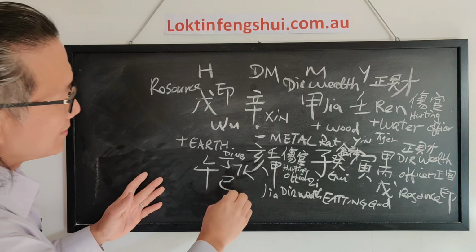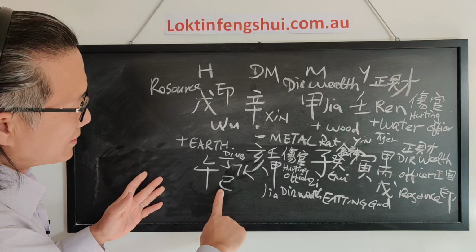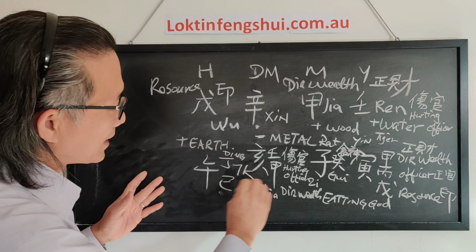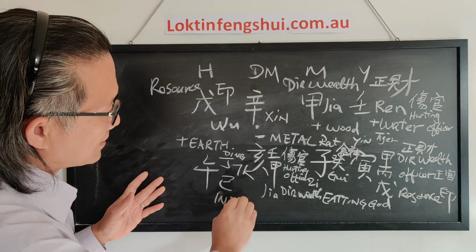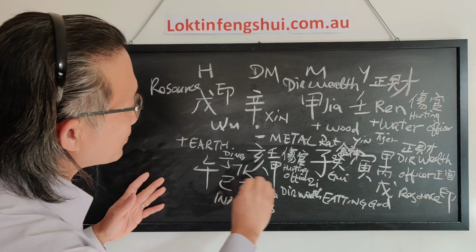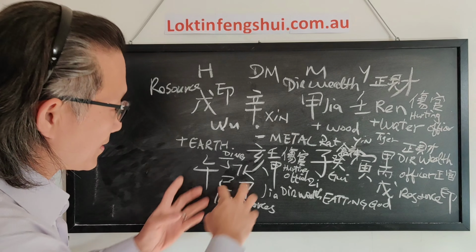And then the G is the earth. Earth produces metal. So this G is yin and yin. So it's called indirect resources, or we say pinyin. In the last video we talked about the pinyin.